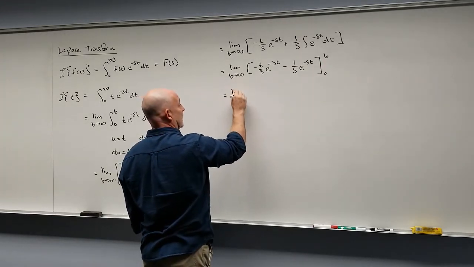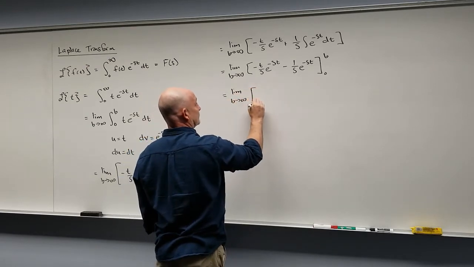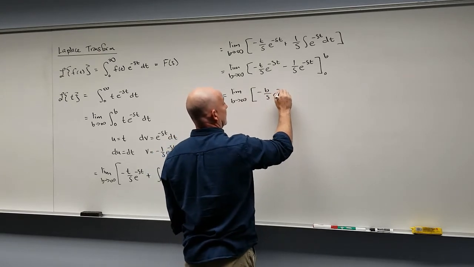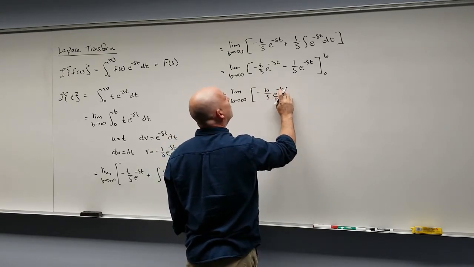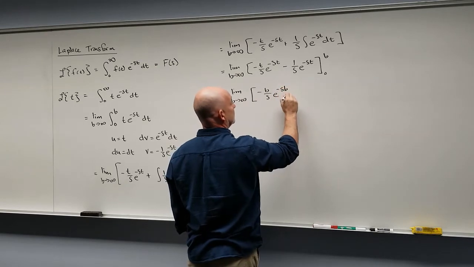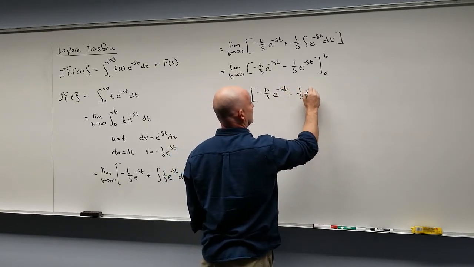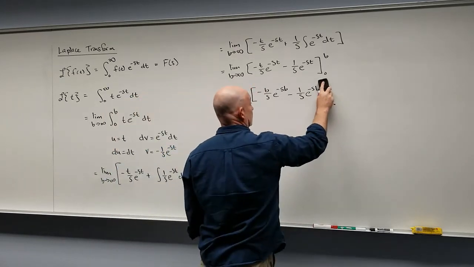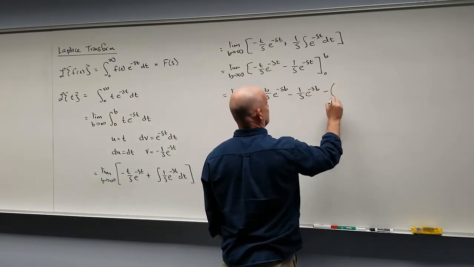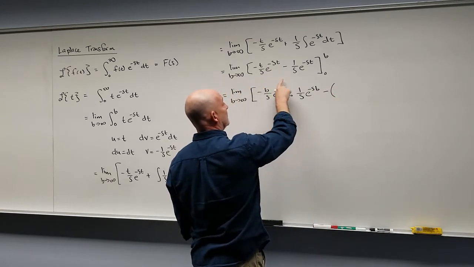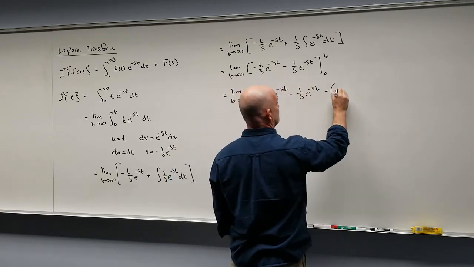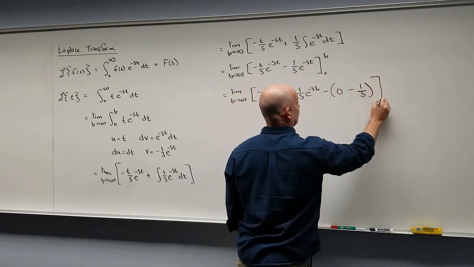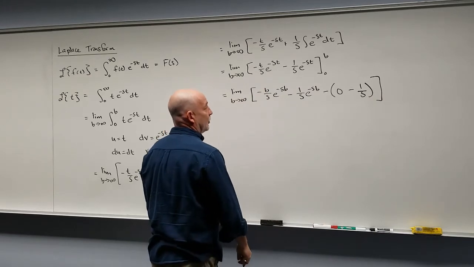So this is the limit as b goes to infinity of negative b over s e to the negative sb minus 1 over s e to the negative sb. Minus, so when we put 0 in for the t, the first term is going to be 0, and the second is going to be 1 over s. Okay, so top endpoint minus bottom endpoint.